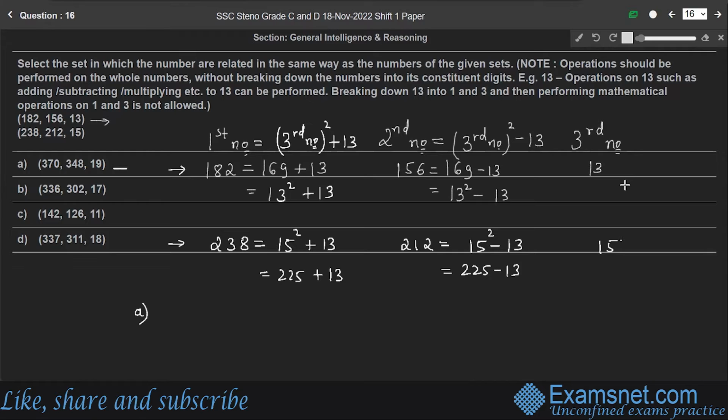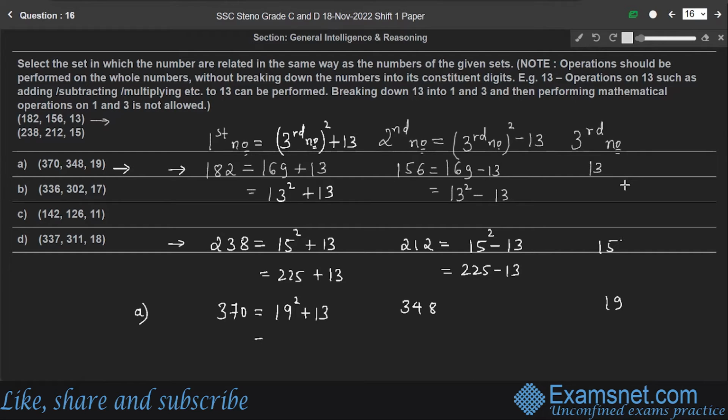So, consider the first option. 370 is the first number, 348 the second, and 19 is the third number. According to the rule, the first number should be equal to the third number squared, 19 squared plus 13.